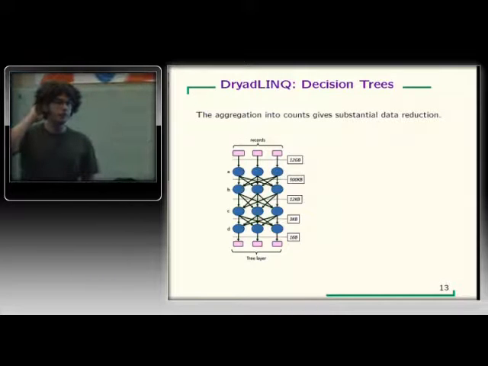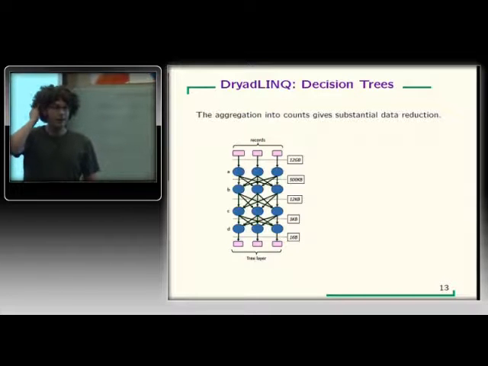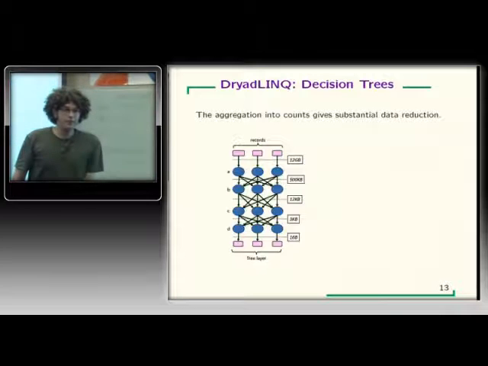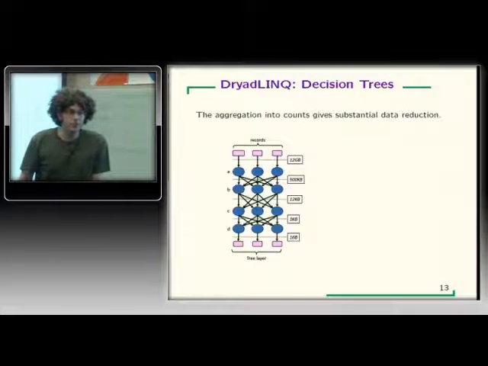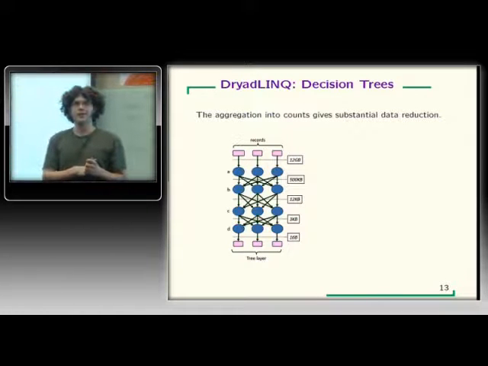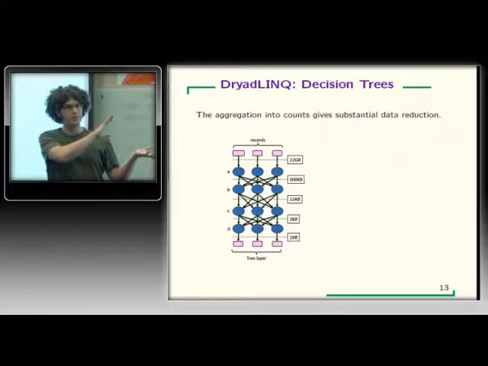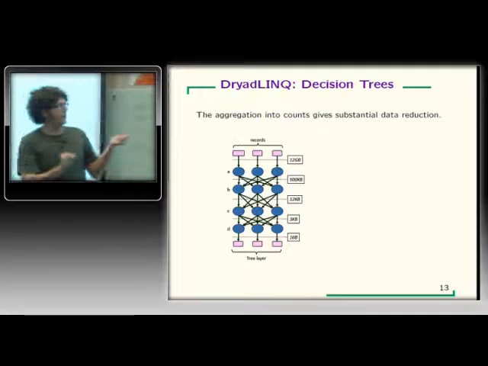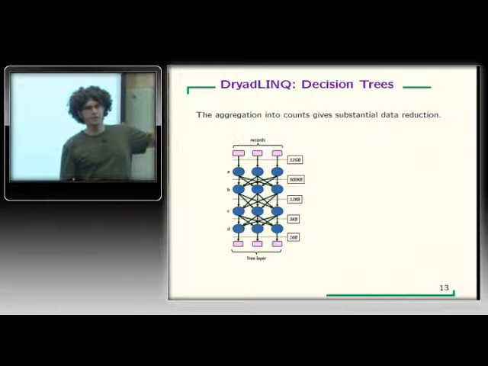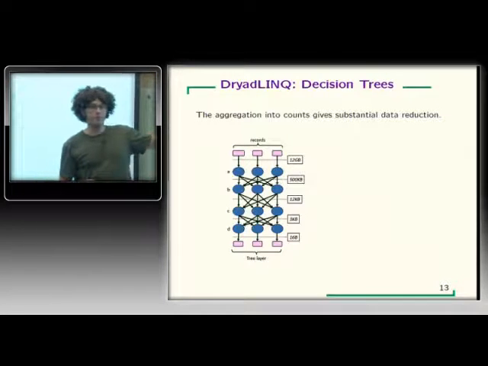How do you handle overfitting in decision trees? So questions, let's see the right way to answer this. It's a good question, except it's not going to be a DryadLINQ sort of question. I mean, we're not going to burden DryadLINQ with the responsibility of a poorly fit decision tree. So there are techniques for correcting overfitting in decision trees.